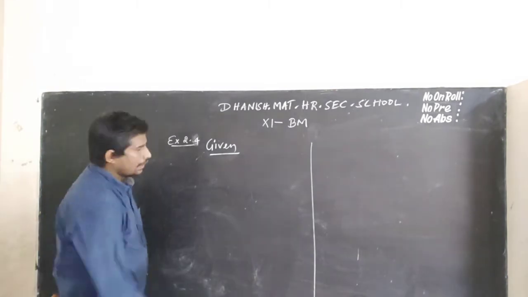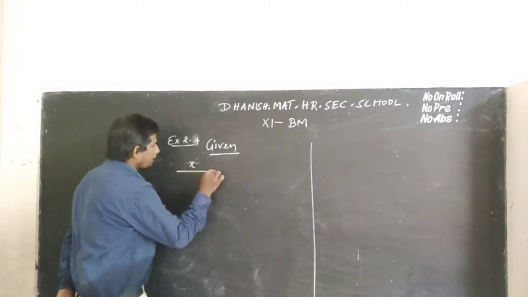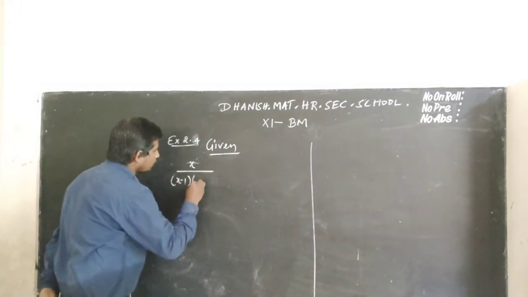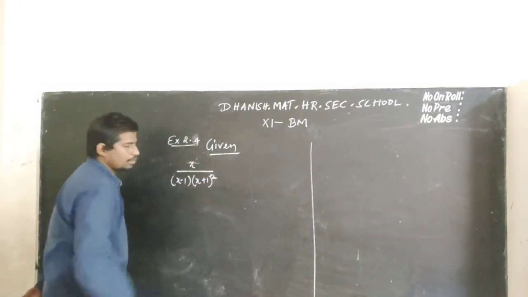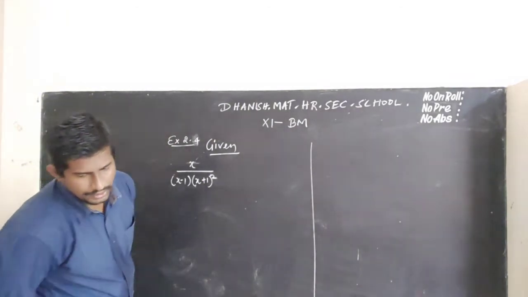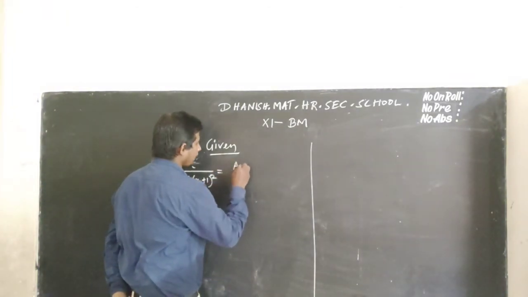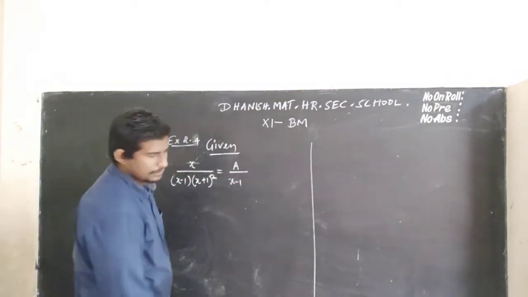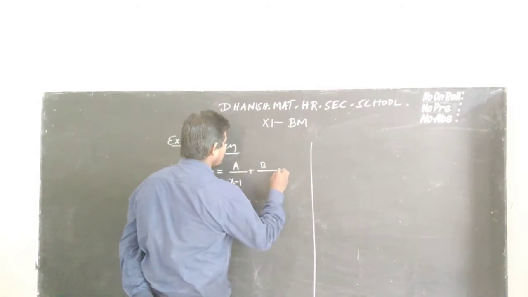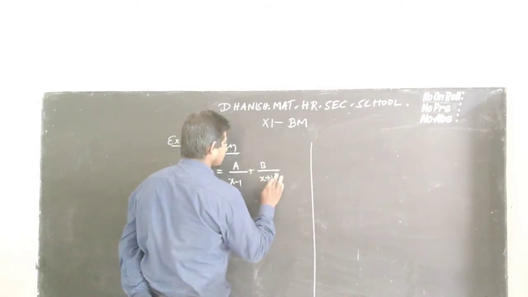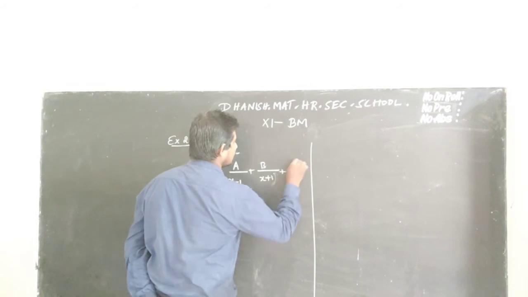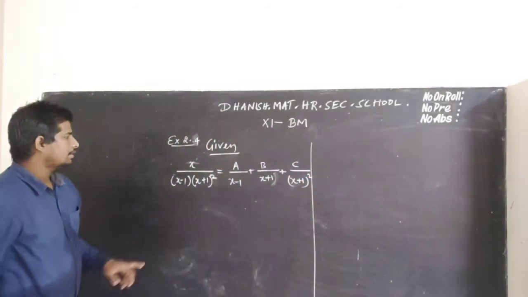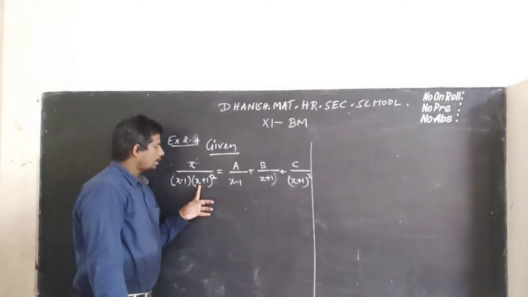Given x by x minus 1 into x plus 1 whole square equal to A by x minus 1 plus B by x plus 1 plus C by x plus 1 whole square. Here we are having the linear factor x plus 1 two times.